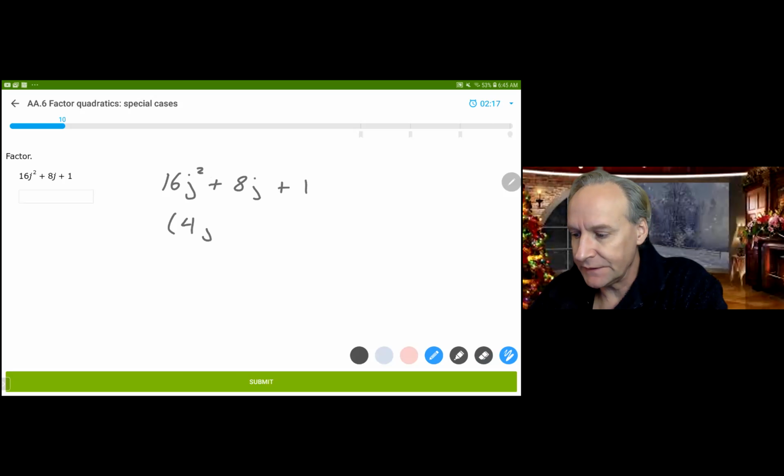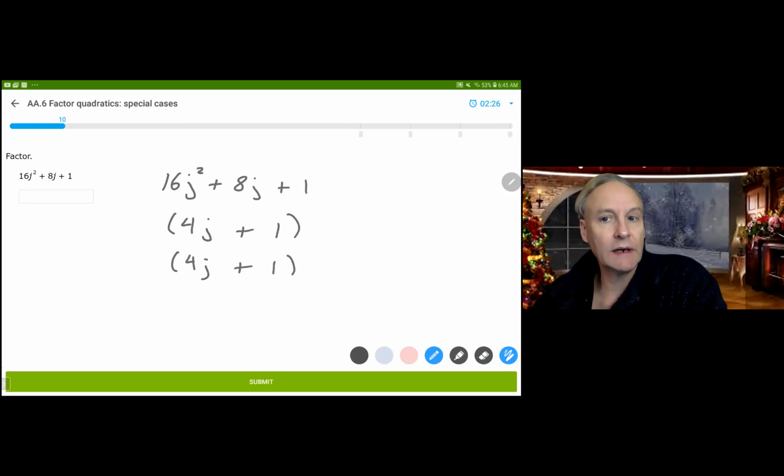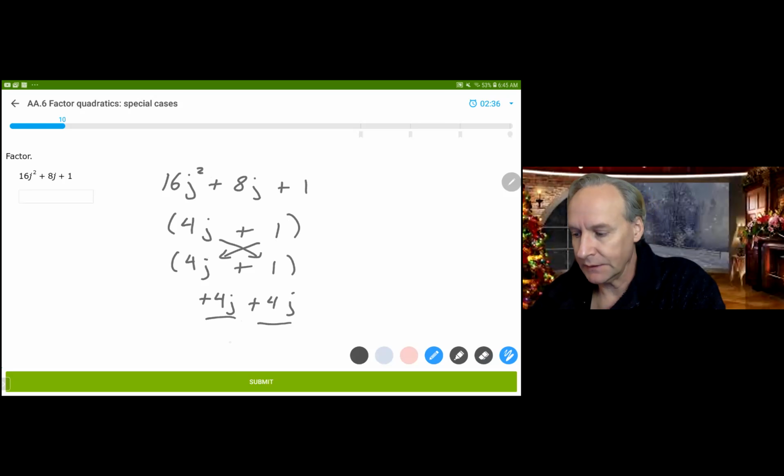If you see this situation, 4j and a plus 1 and a plus 1, it happens to be what we call a perfect square trinomial. And notice that the 4j and the 4j are equal, and that the middle is double that product, because there's 2 of them. And that's our 8j in the middle.